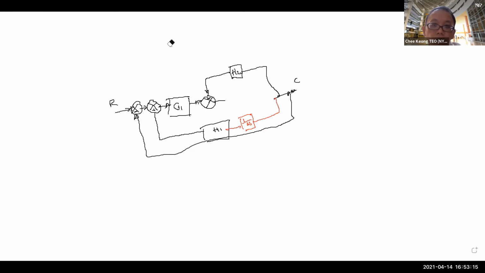Now G2, G3, I can merge to be one block, right? So this is your new block, connected to here, G2, G3. Of course, this guy also I can change into one block, H1 over G3. So I can delete this guy as well, H1 over G3.